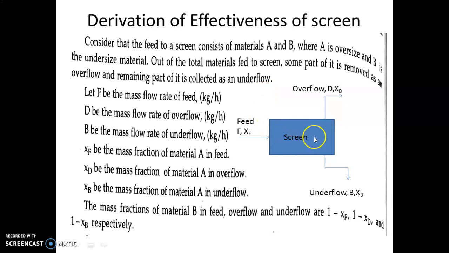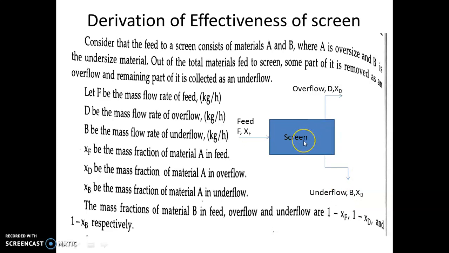Suppose this screen has a 10 millimeter diameter, and if we have material of 11 millimeter size, that material does not pass through the screen, so it is called oversized material. And if we have 9 millimeter solid material in this feed, then that material passes through this screen, so it is called underflow because the screen diameter is 10 millimeter.